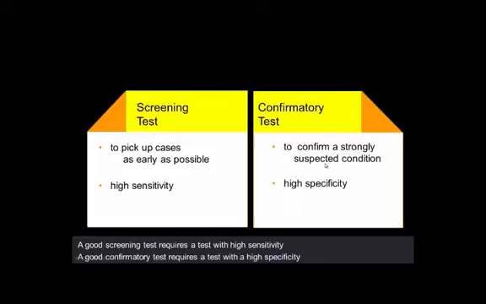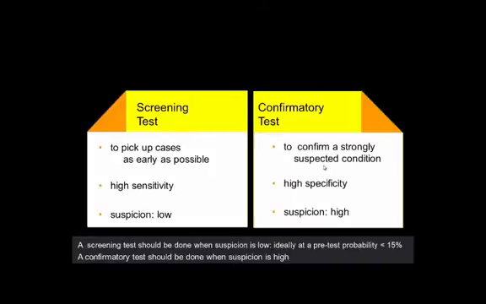A good confirmatory test requires a test with a high specificity. A screening test should be done when your suspicion is low. So ideally where your pretest probability is less than 50%, rather than where you're thinking that there's an 85% likelihood that the patient can't be weaned. That's the time that you want to perform your screening procedures.